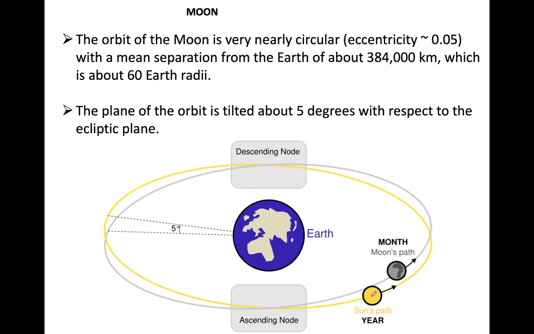Because the moon completes one circle each month, no? So there should be a place where these three objects align with each other, right? But the thing is, there is a small tilt, like 5 degrees. To have eclipses, there should be places where these orbits cross each other, right? We will talk about that.